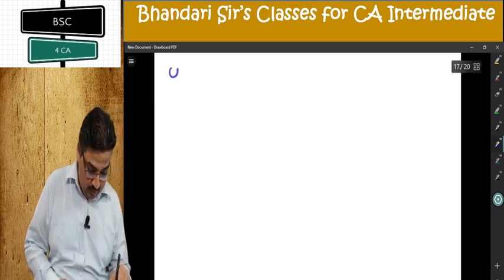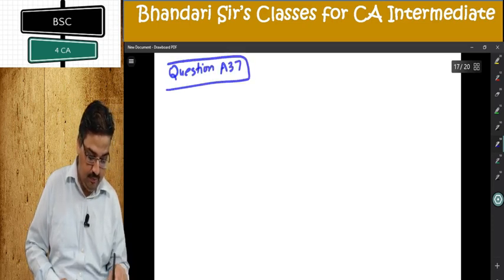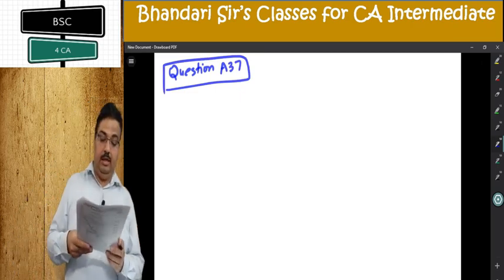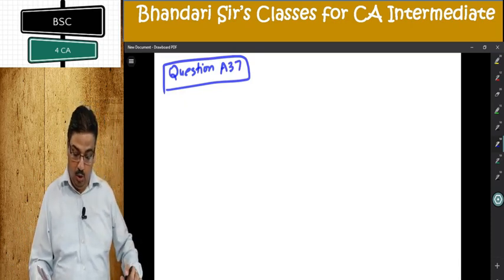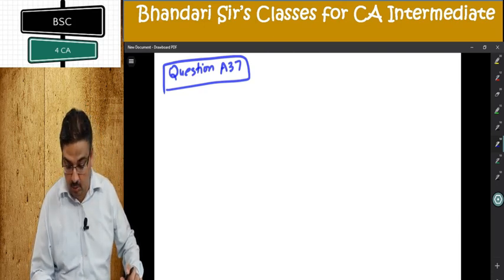So this is question A37. It says Bhavin Engineering is operating at 70% capacity and has the following information: break-even point 200 crore rupees, PV ratio 40%, margin of safety 50 crore rupees.